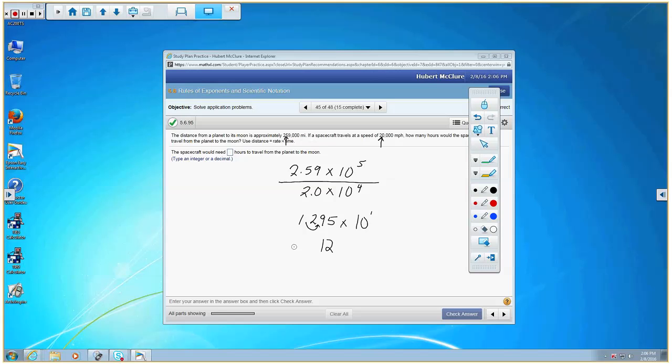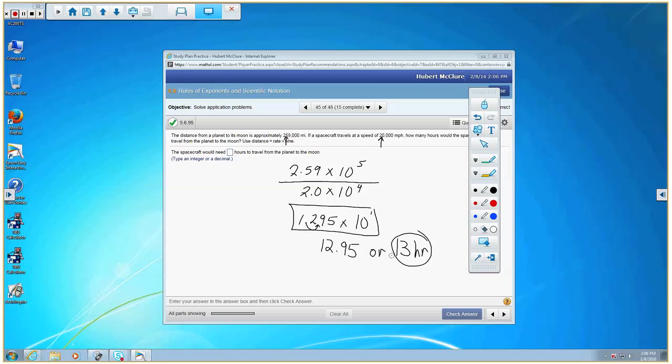Well, Hubert, why are you not putting it? They're not going to ask you for 1.295 times 10 to the first hours. They're going to ask you for 12.95 or what? 13. Because nobody talks in terms of scientific notation. They calculate in scientific notation and then answer with a whole number.